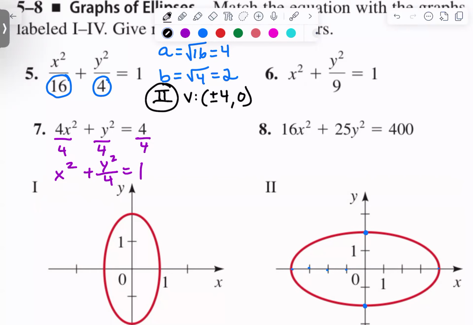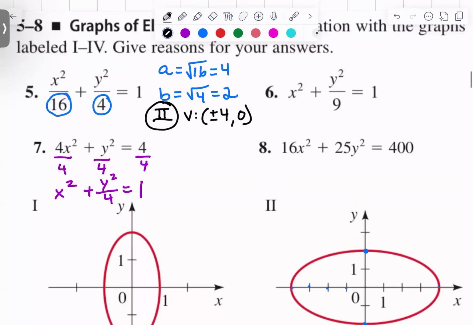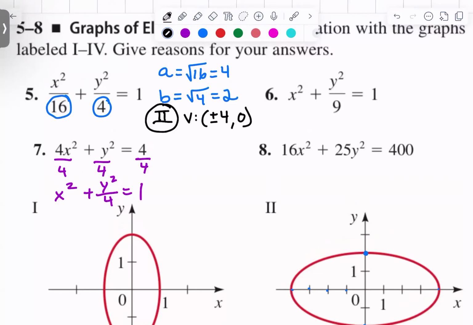Okay? Just to list out all the information here. Vertices are plus or minus 4, 0. The length... no, actually, let's get the foci first. The foci will always be c squared equals a squared minus b squared.